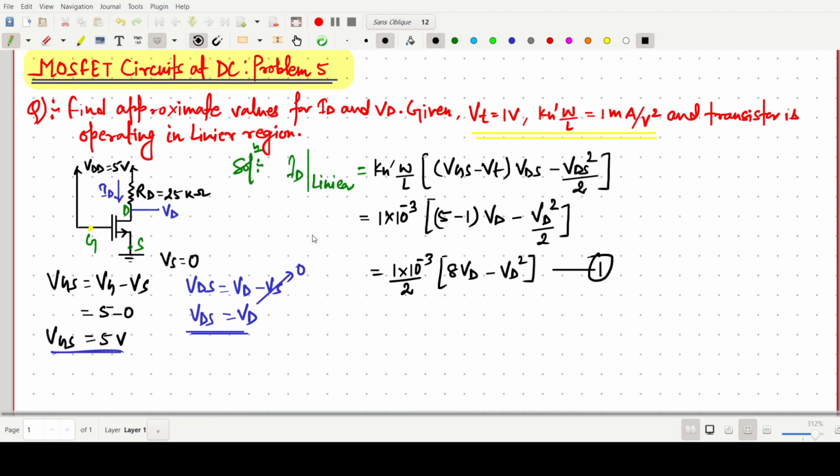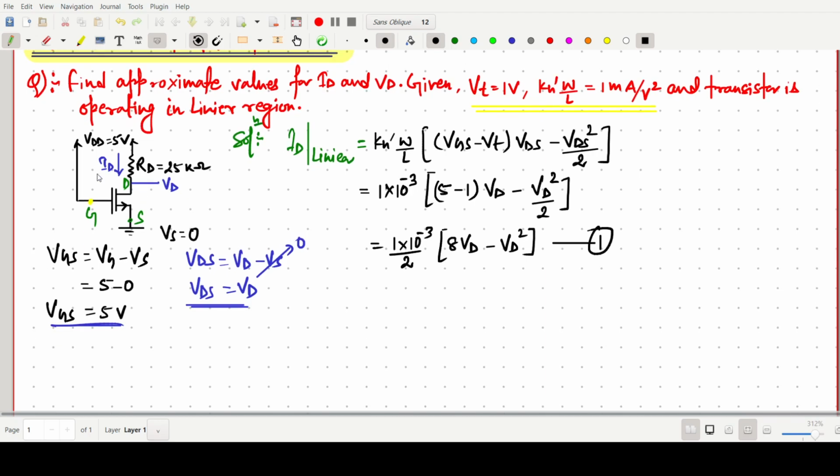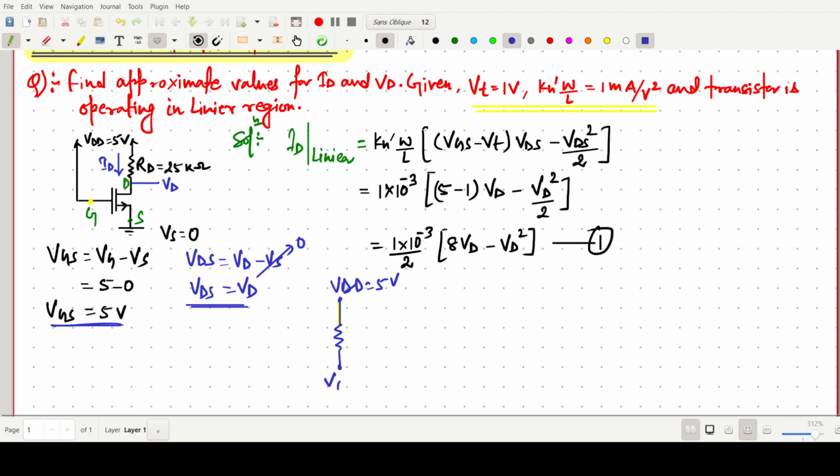Now one more equation we can write by taking this structure. This value is VDD, that is our 5 volt, and this VD is our unknown. This will be our ID, and this value is 25 kilo ohm. So this ID we have to find.